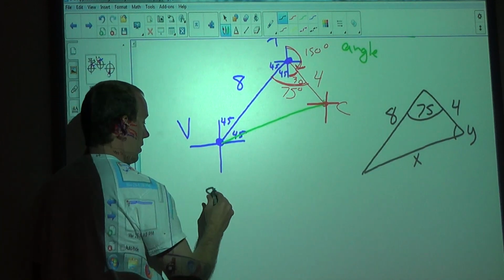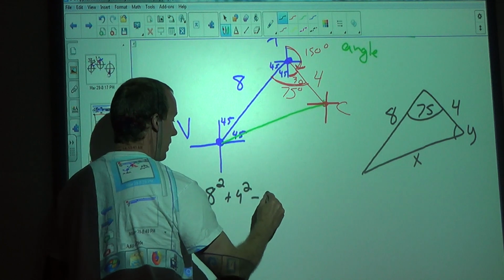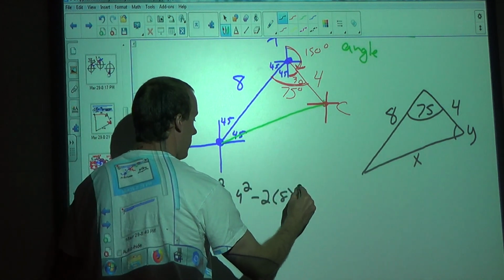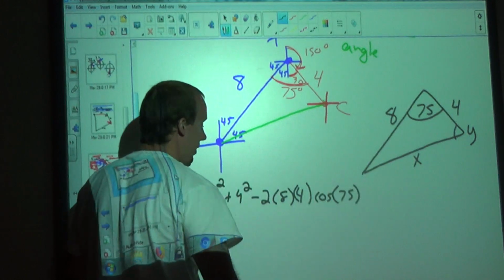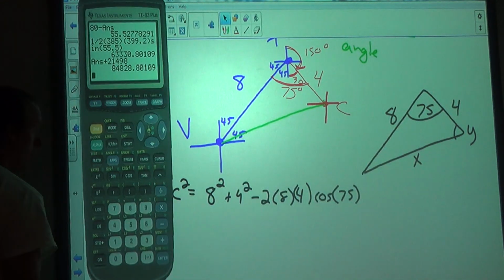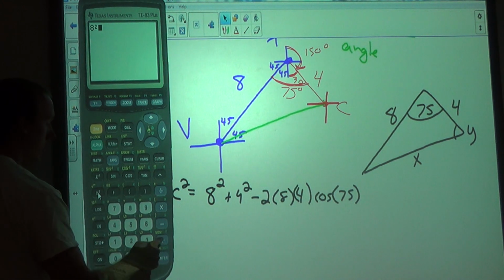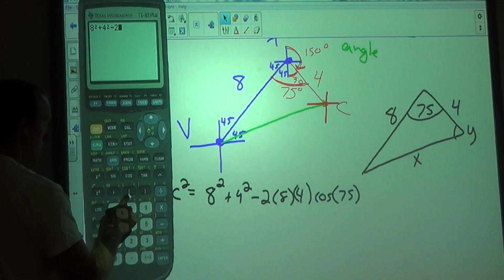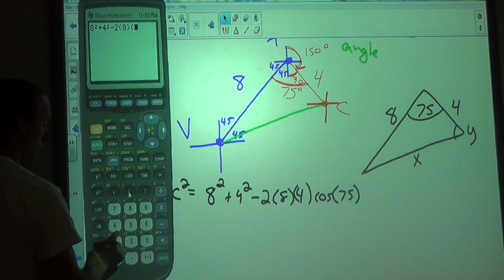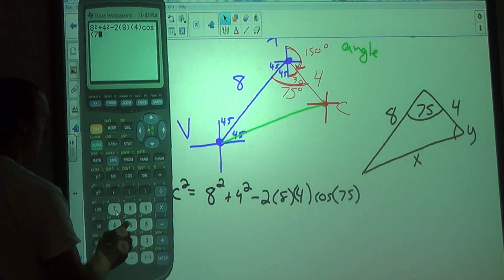So c squared equals 8 squared plus 4 squared minus 2 times 8 times 4, times the cosine of my included angle, which is 75. And what's great about this problem is I can plug it directly in my calculator. So 8 squared plus 4 squared minus 2, parenthesis 8, parenthesis 4, cosine of 75.